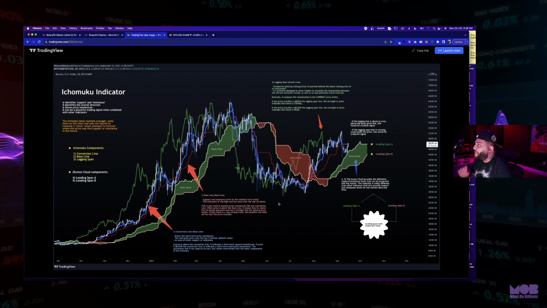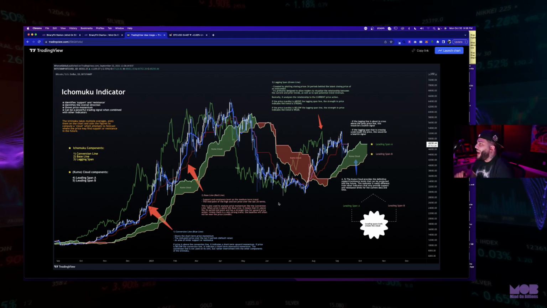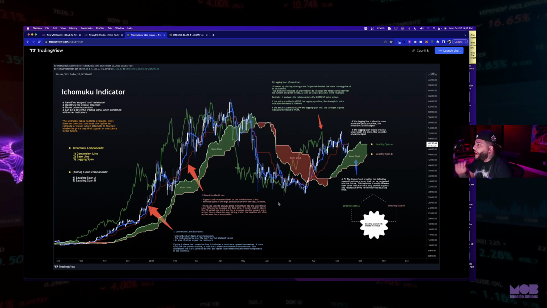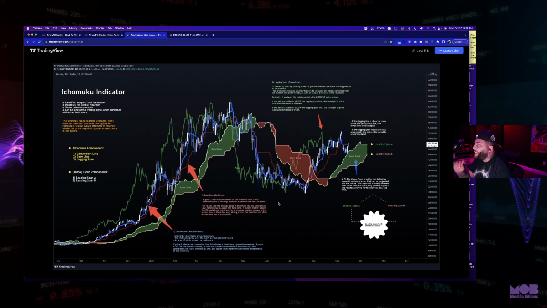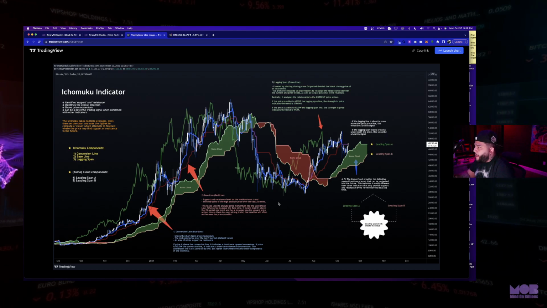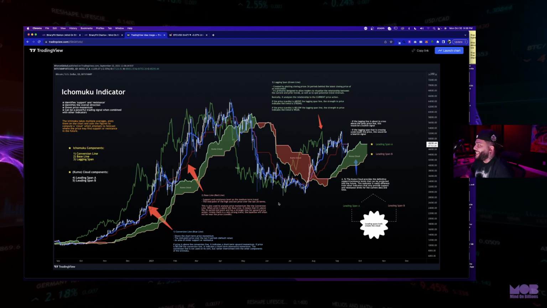When price is above the baseline, it means that it's above the 26 period midpoint and has a stronger bias for upward price action. Unless there is a strong trend, the baseline will often not be near the price. Now remember, the candles represent what price has done in these intervals.